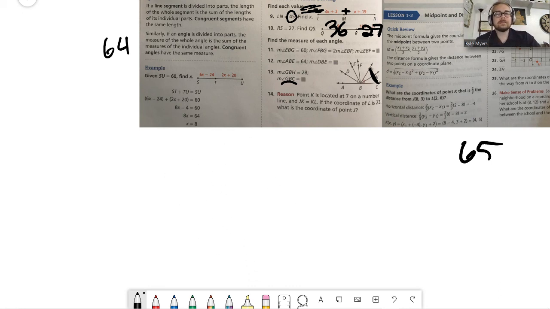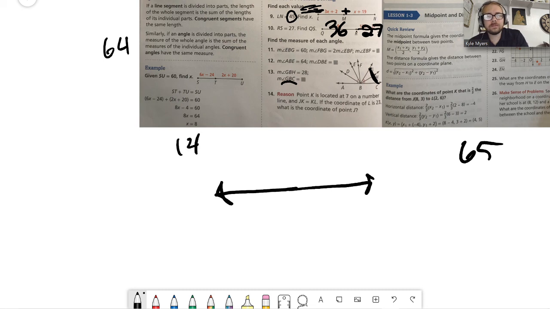So for number 14, point K is located at 7 on a number line, and JK equals KL. Okay, so notice they don't really give you a picture for this, but if they don't give you a picture, then why not just draw one, right? So point K is located at 7 on a number line, right? So number line, number 14.